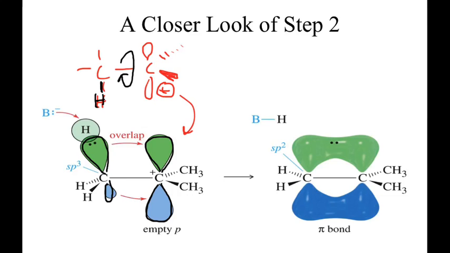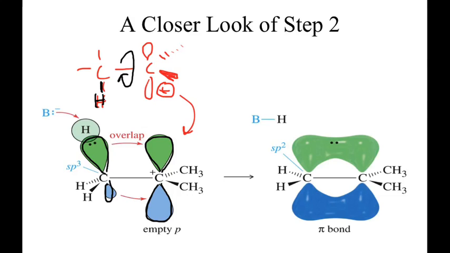That pseudo-overlap is ultimately facilitating the formation of our pi bond. The electrons start to notice that they can jump into a p orbital, as opposed to interacting with that hydrogen instead. Because of that, we can help facilitate the elimination reaction.